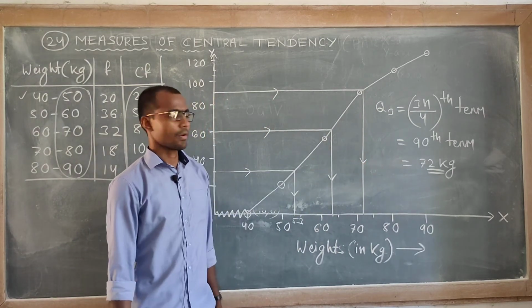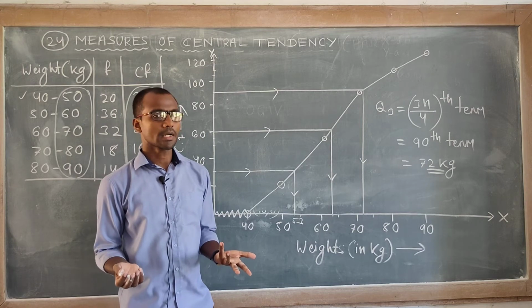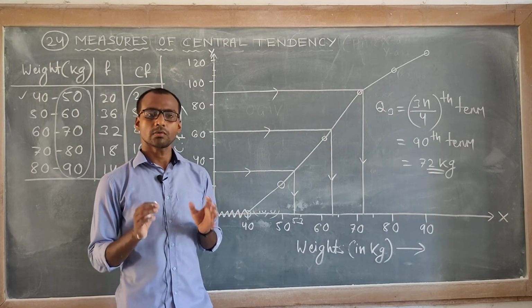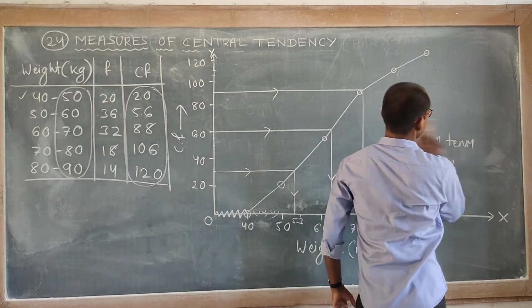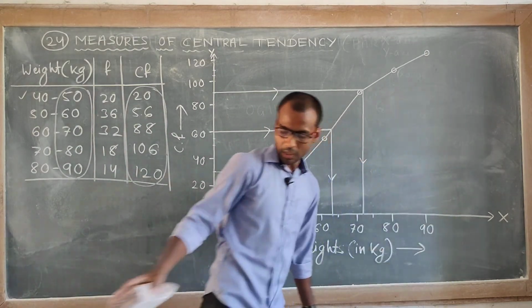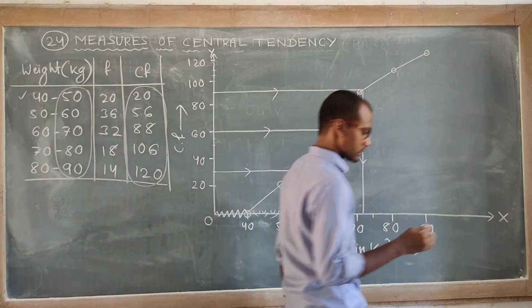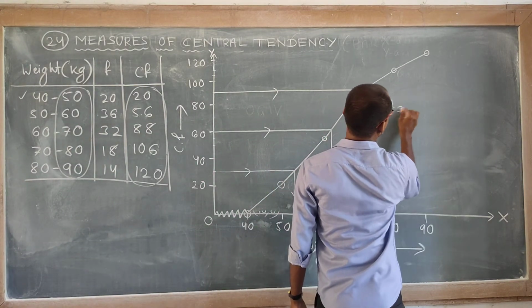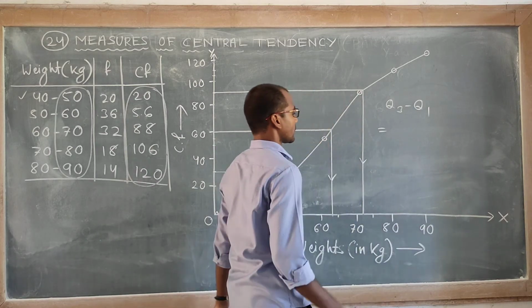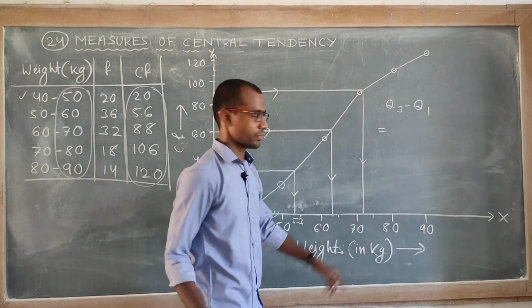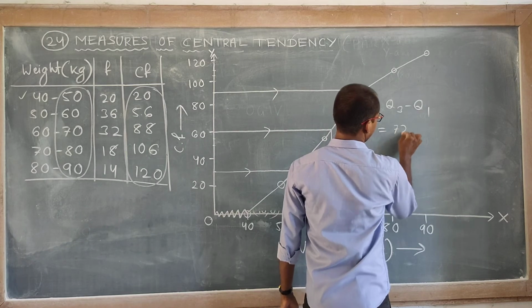Ready? Now we can easily find the interquartile range. Interquartile range is equal to Q3 minus Q1. Q3 is how much? 72, as we have found.